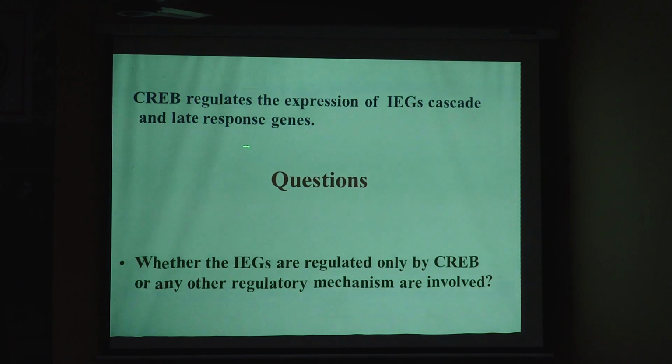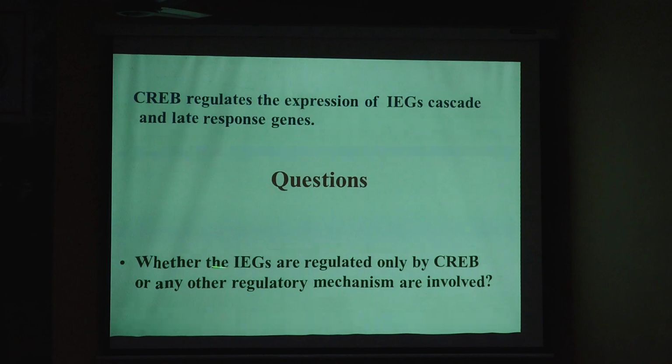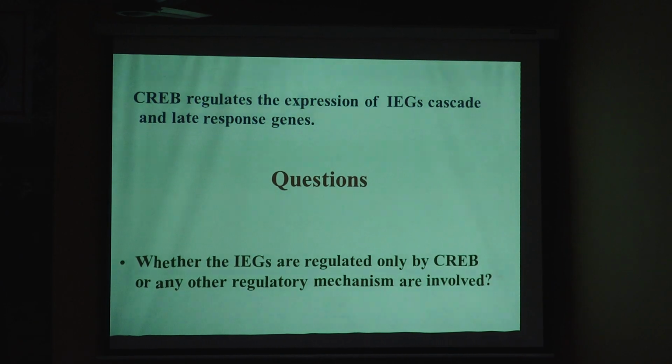CREB regulates the expression of the IEG cascade, and when we block this IEG, it alters the late response. So is any other mechanism involved with all these functions?